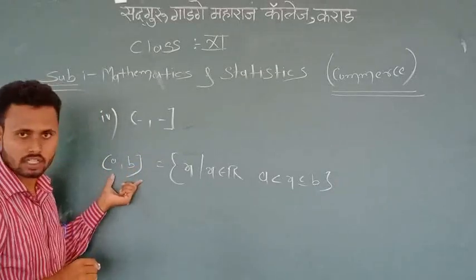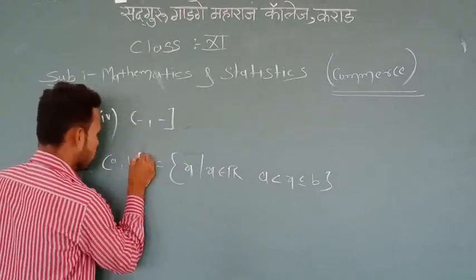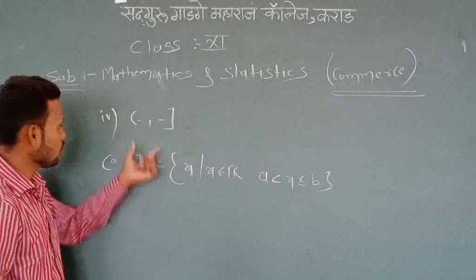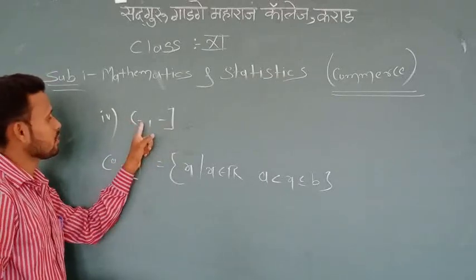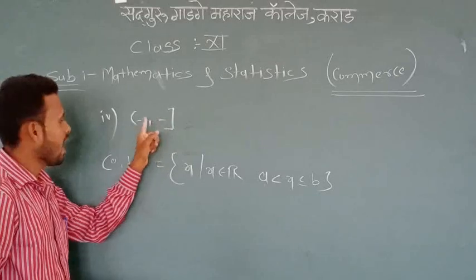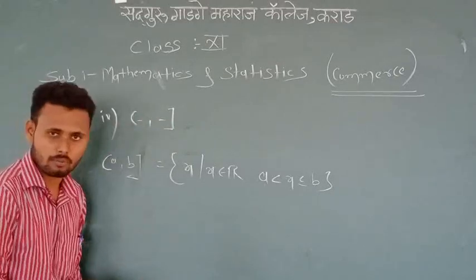This is a semi-open interval. The notation is semi-open here and closed here. There is the first component and the second component, and the first component is always less than the second component.